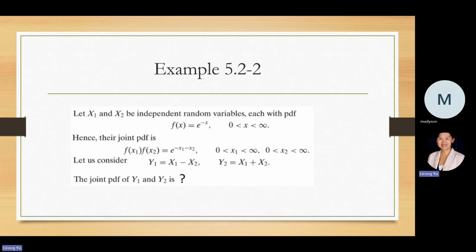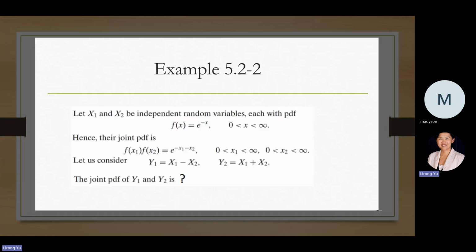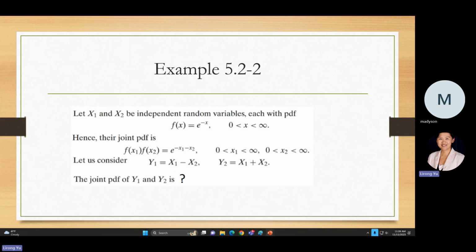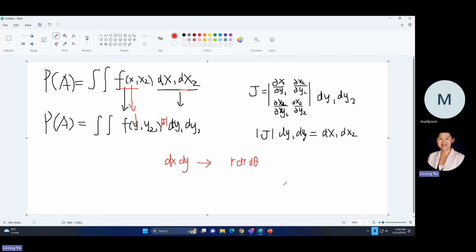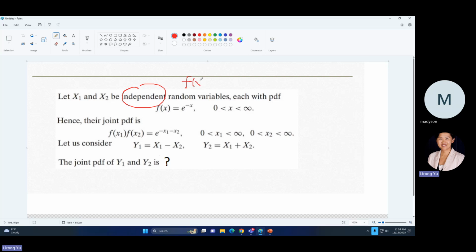That's something we probably already finished talking about on Monday. Because of their independence, alpha of x1 will equal e to the negative x1, and alpha of x2 will equal e to the negative x2.